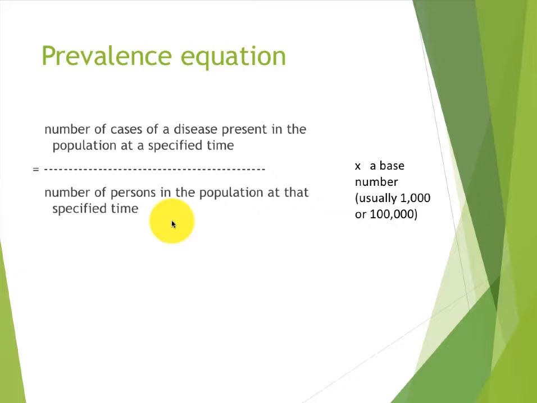Also notice that we always multiply our answers with a base to make sense, and we state our findings using that base. For your examples and your homework assignments, I will always tell you what base to use, but know that we usually select a base based on the total population in mind, okay? The larger the population, the larger the base will be.